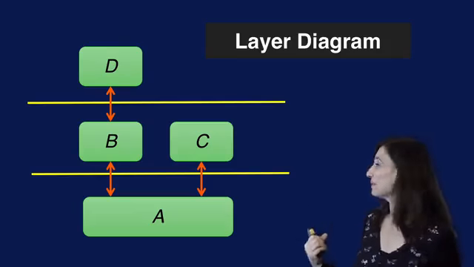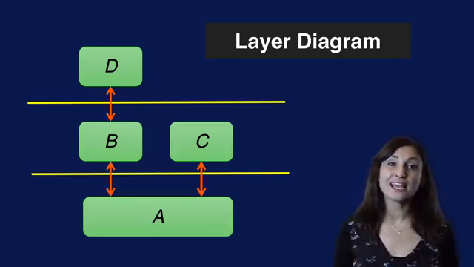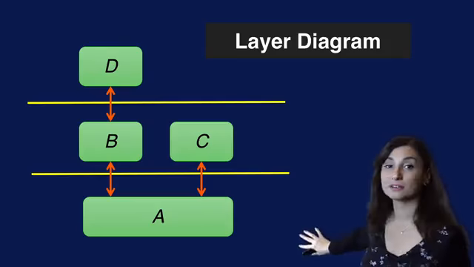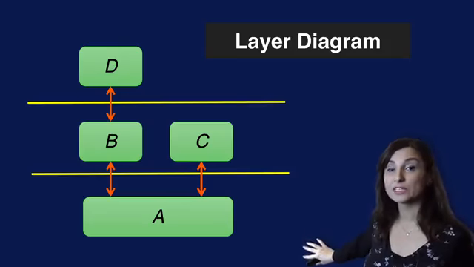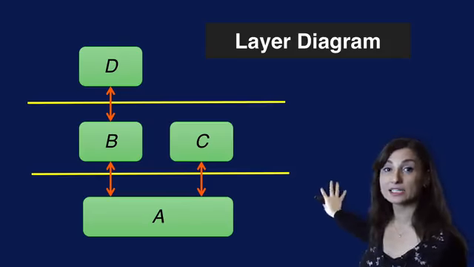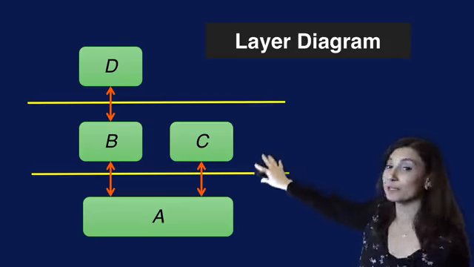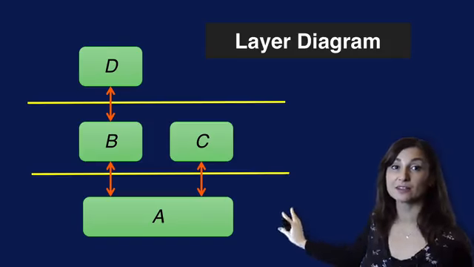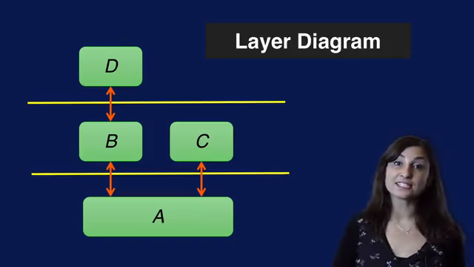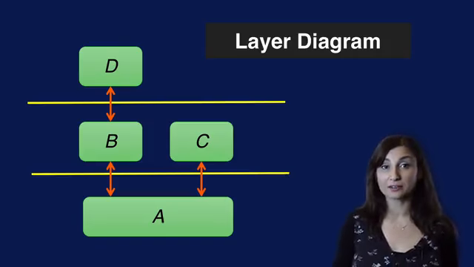In this example, component A is in the bottom layer, which components B and C use. Component D uses B, but not C, and D does not directly use A.